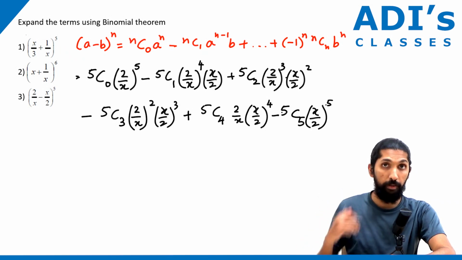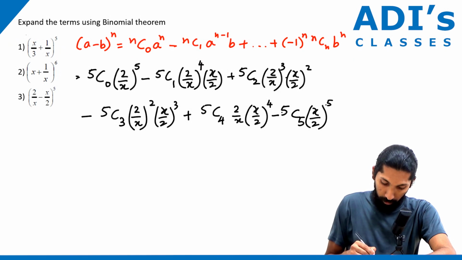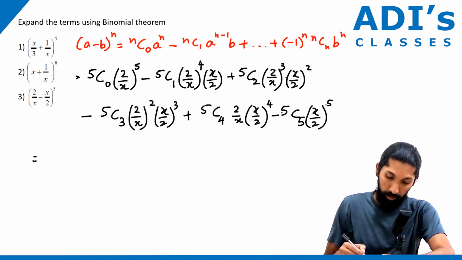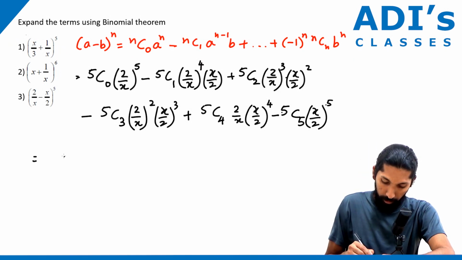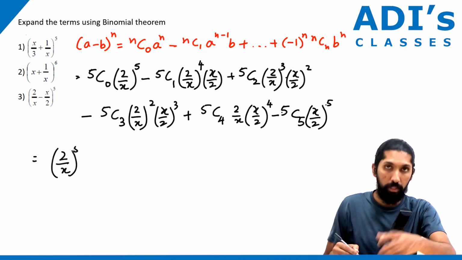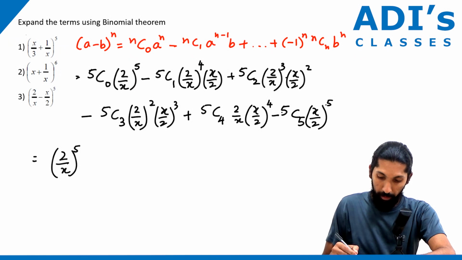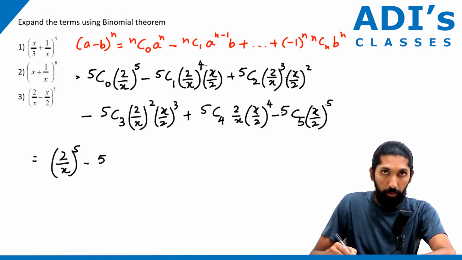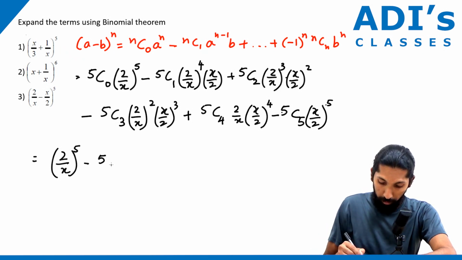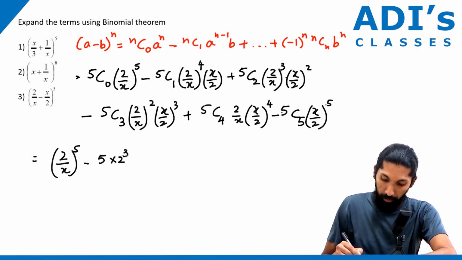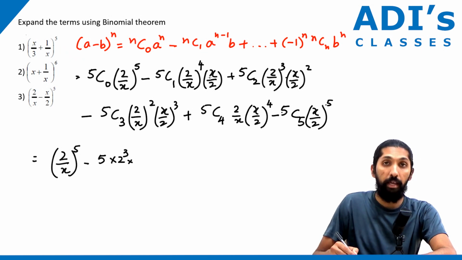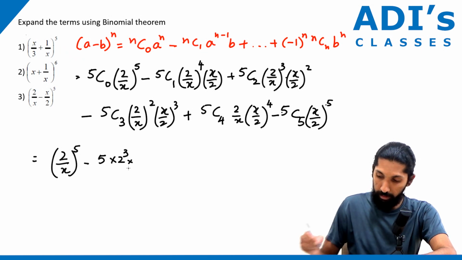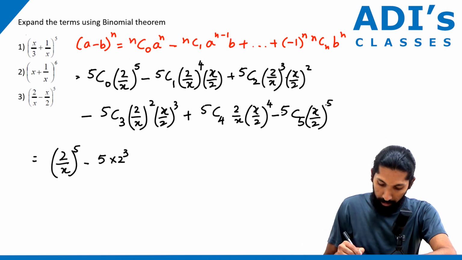Now we need to simplify this. So 5c naught is 1. So 1 into this one, 2 by x whole to the power of 5. Keep it as it is. Minus 5, you have 2 power 4 divided by 2 cube. So 5 into 2 cube into x by x power 4, which you can write as divided by x cube.